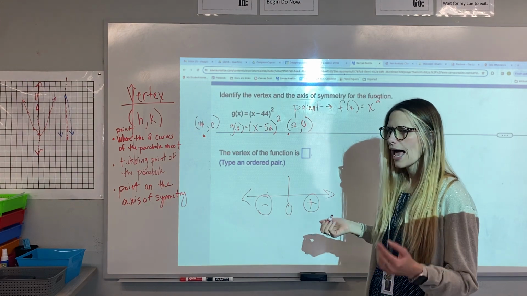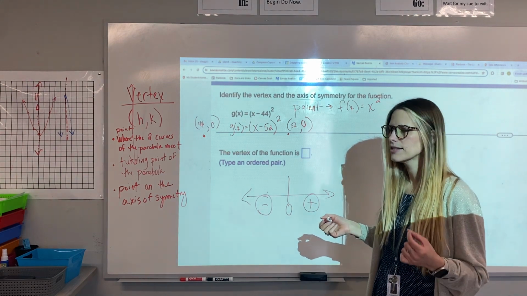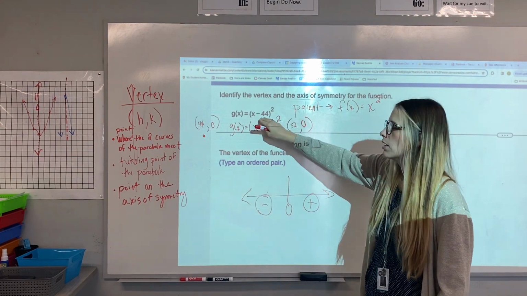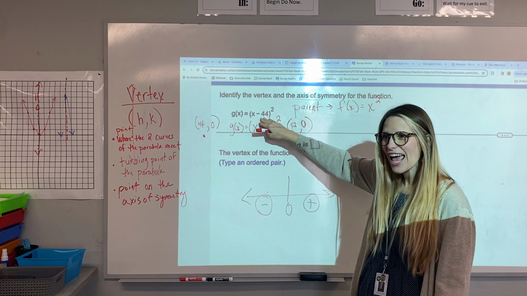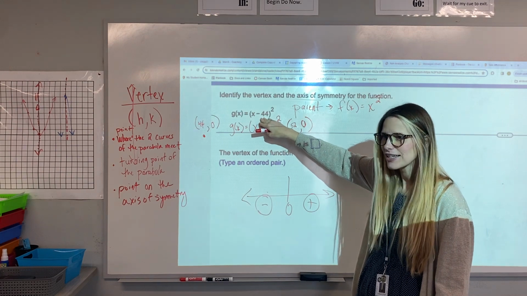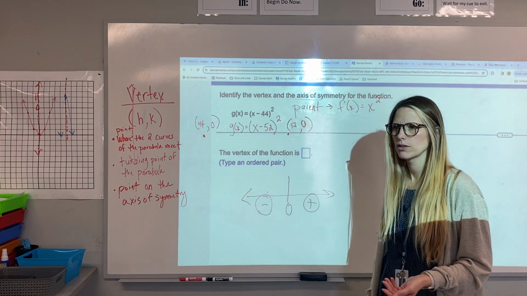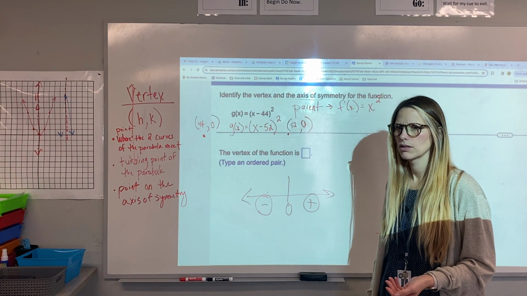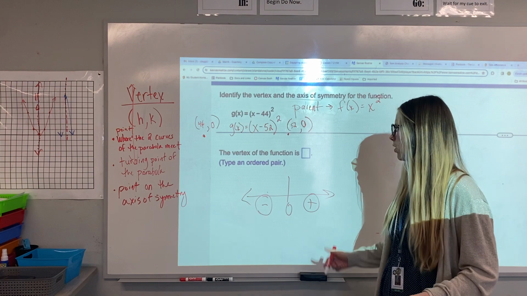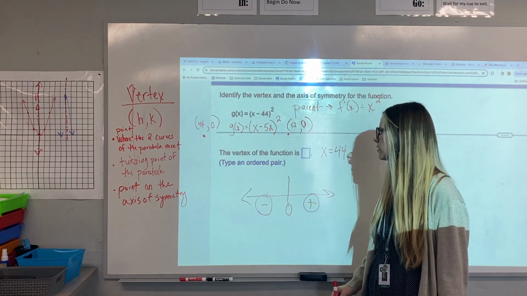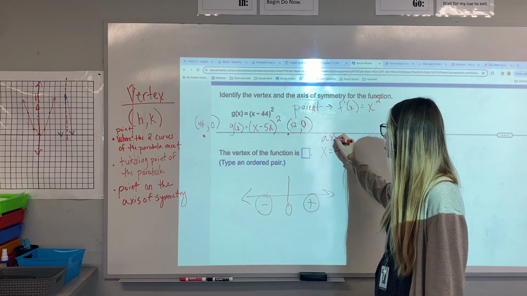Now, how do we name that axis of symmetry? Let's do mine first and then we'll do yours, okay? X equals 44. Very good, x equals 44. How would we explain that in our work shown? X is equal to 44. No, because that is the answer. X is equal to 44, because of the function, that's the axis of symmetry.